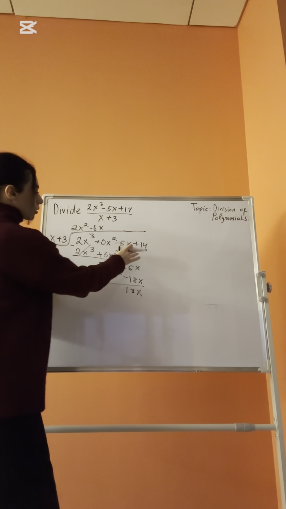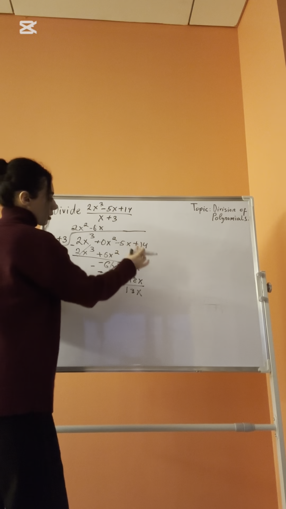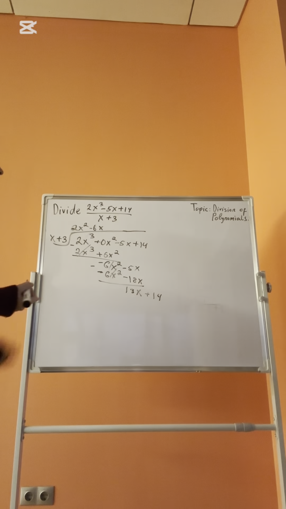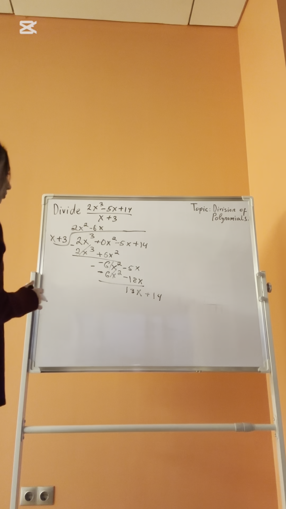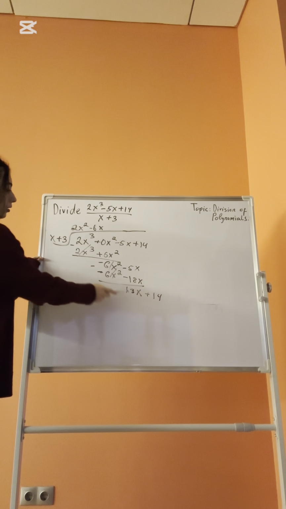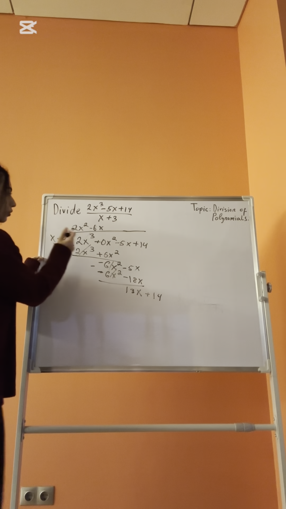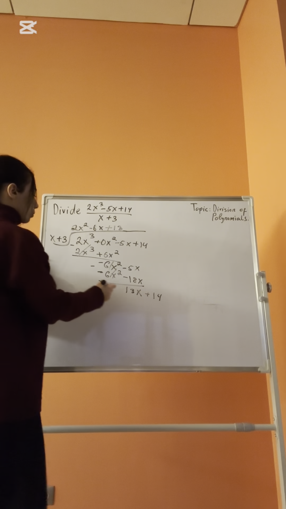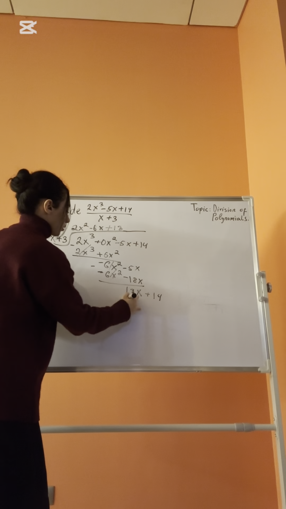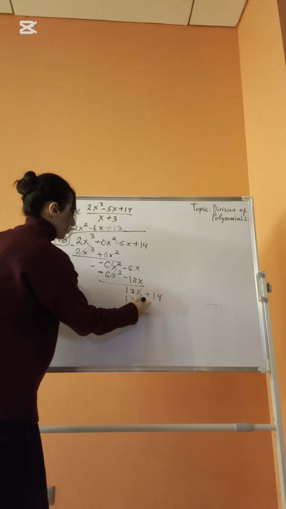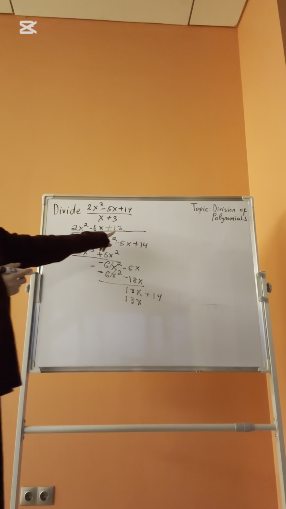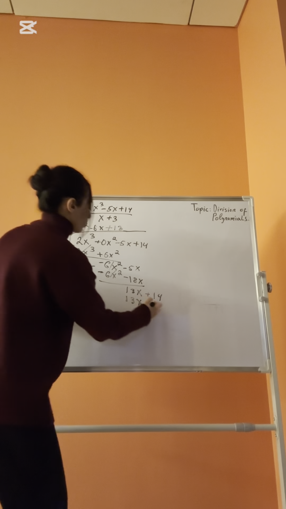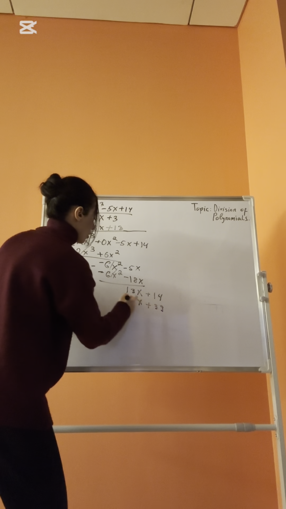So next, the only thing that remained is plus 14. We're going to write it. This is the last step. And now all the same thing. To get 13x, we have to multiply x by 13, so we write plus 13 here, and we also write what we got here, and then multiply 13 by 3, we're gonna get plus 39, and subtract.